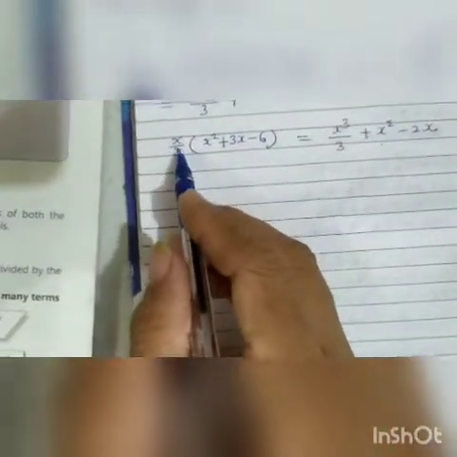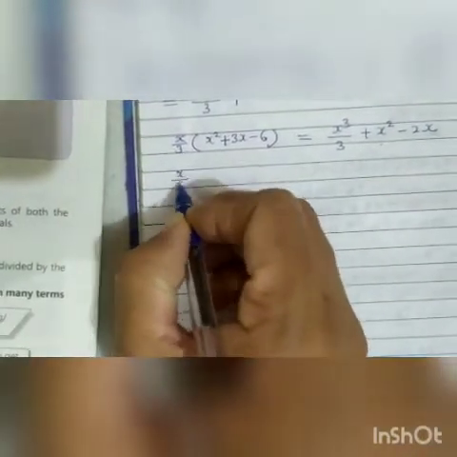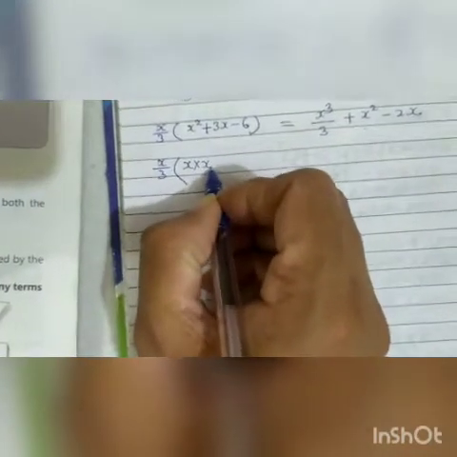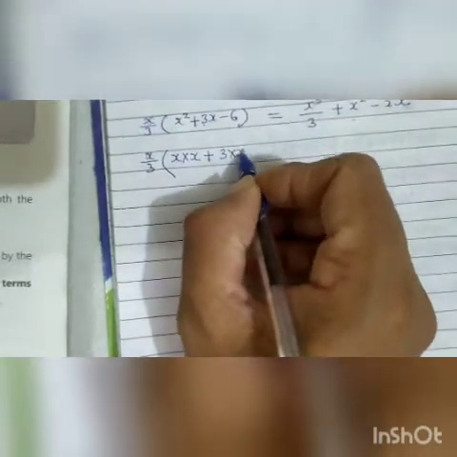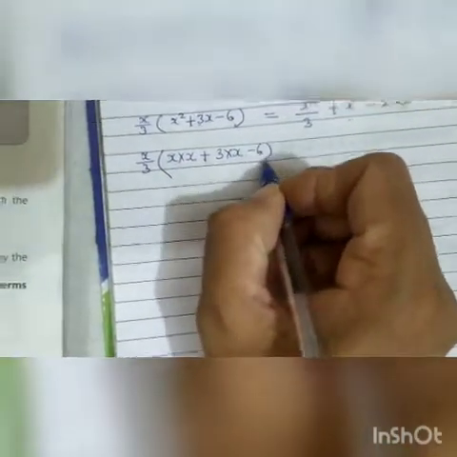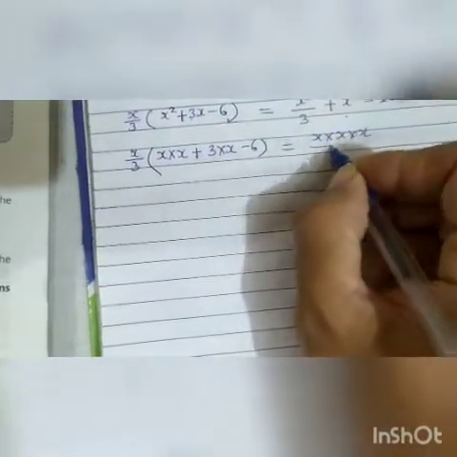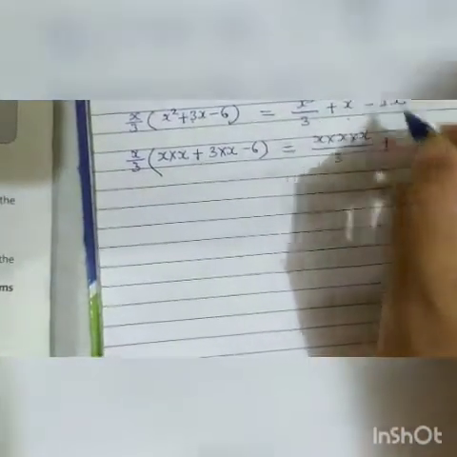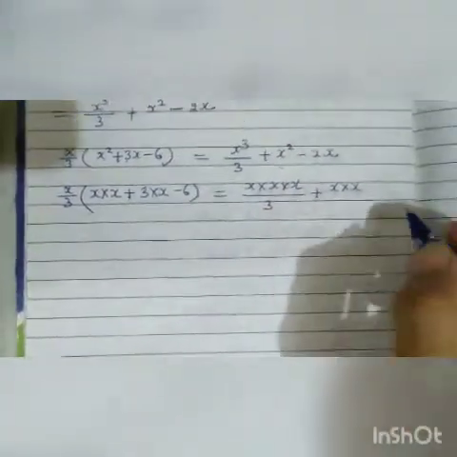So when we write 2 in place of x, first we write this x upon 3 as it is, then x square means x multiplied by x, plus 3x means 3 multiplied by x, minus 6, equal to x cube means x into x into x upon 3, plus x square means x into x, then minus 2x.